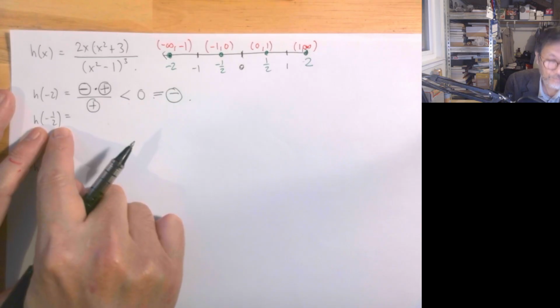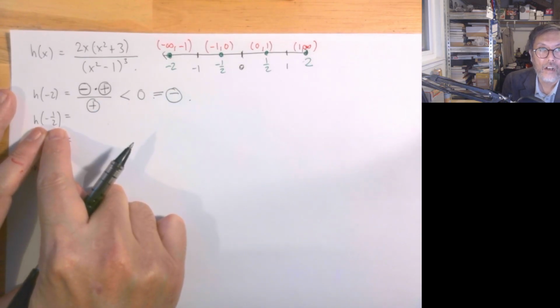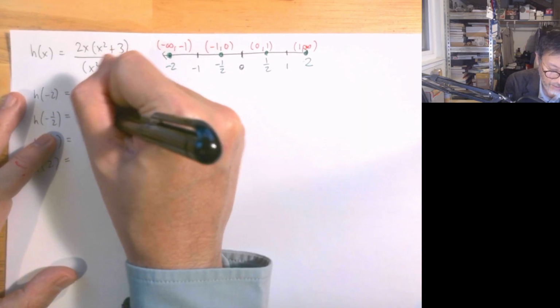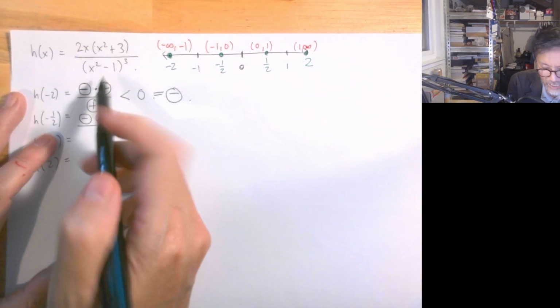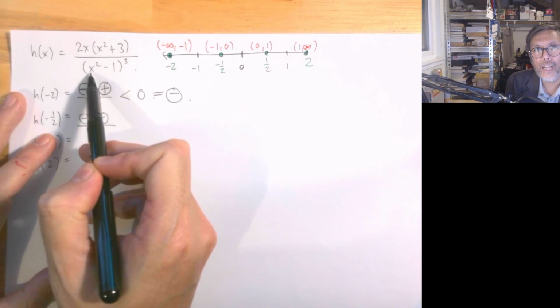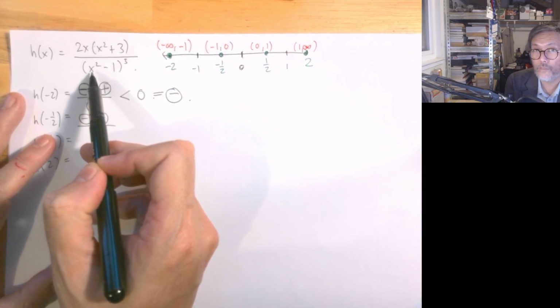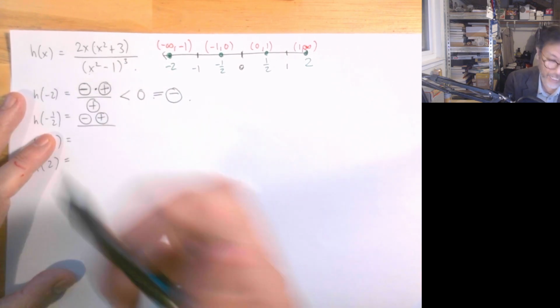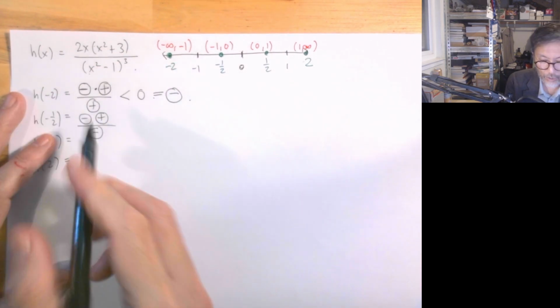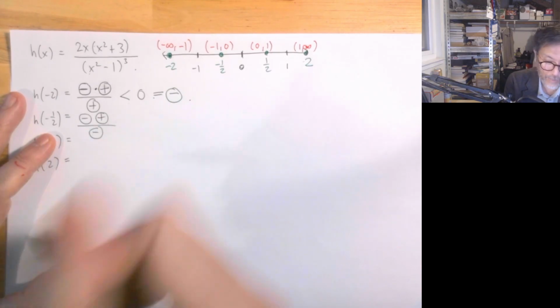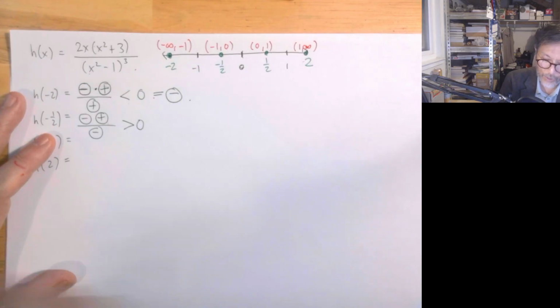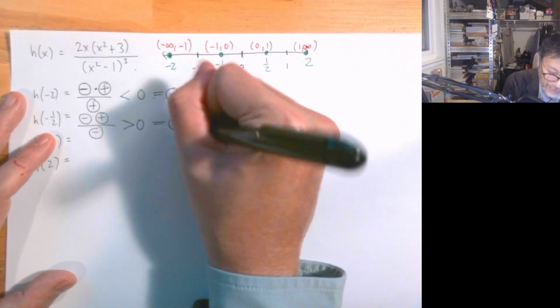How about here? H of negative 1/2. Well, here I get something negative, then I get something positive. But then what changes is that down here, negative 1/2 squared is small, it's 1/4, and 1/4 minus 1 is some negative number. And when you cube a negative number, you again get a negative. So here I have negative times positive times negative. This is now positive. And we could write this state of affairs like this, positive.